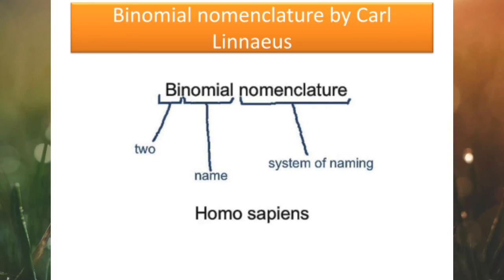Accordingly, a scientific name has been assigned to each organism. It consists of two parts. The first part is genus and the second species. All identified organisms have been assigned a binomial name as per the guidelines of the International Code of Nomenclature.